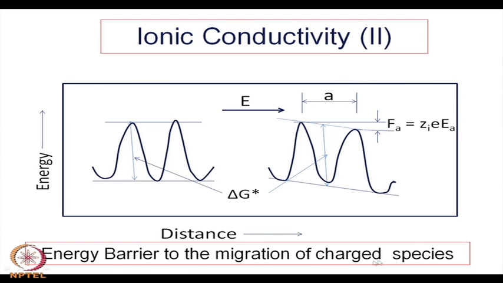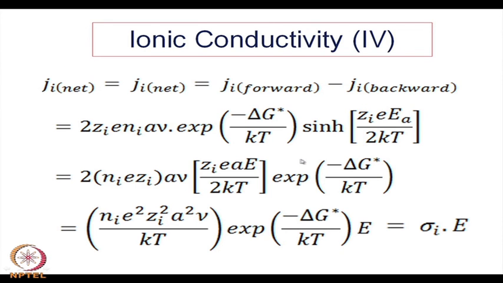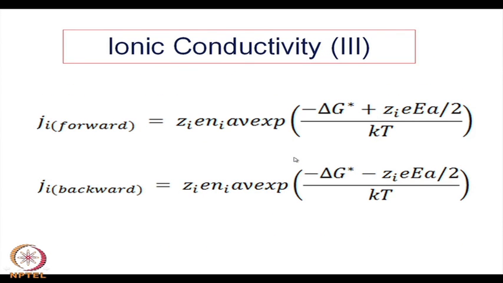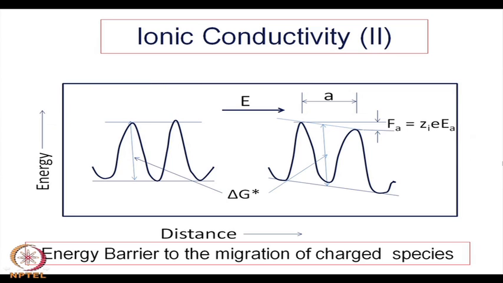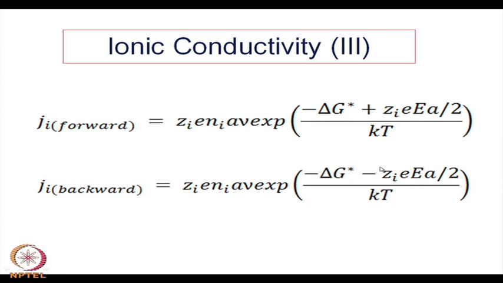The energy barrier to the migration of charged species, that is what we have considered. If the situation is like that, we can consider the migration of the ion in the forward direction, and there is a finite possibility the ions can also move back. So, we just consider the two Arrhenius type of equations.